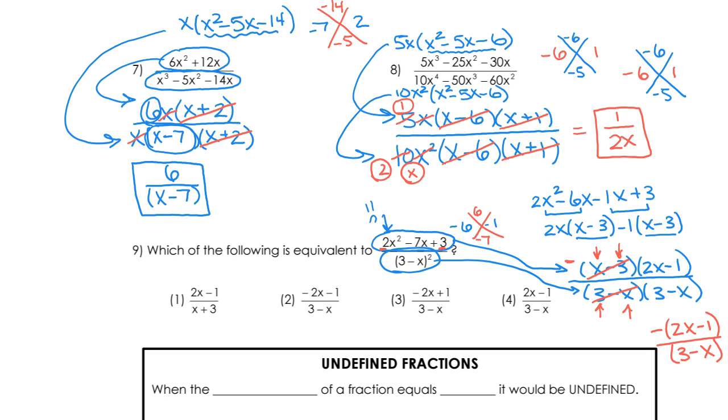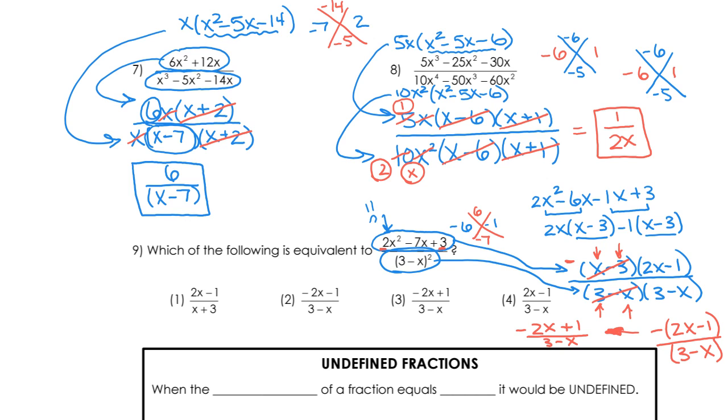And now we got to figure out which one of these choices do we have. Let's see. None of them have parentheses, so it looks to me that they may have distributed. So I'm going to have to go and distribute now. This would be a negative 2x plus 1 over 3 minus x.